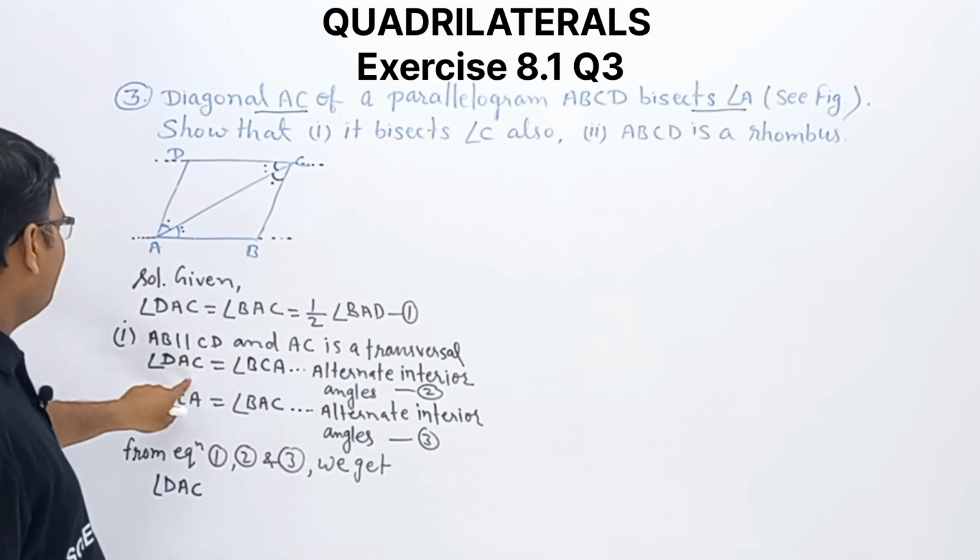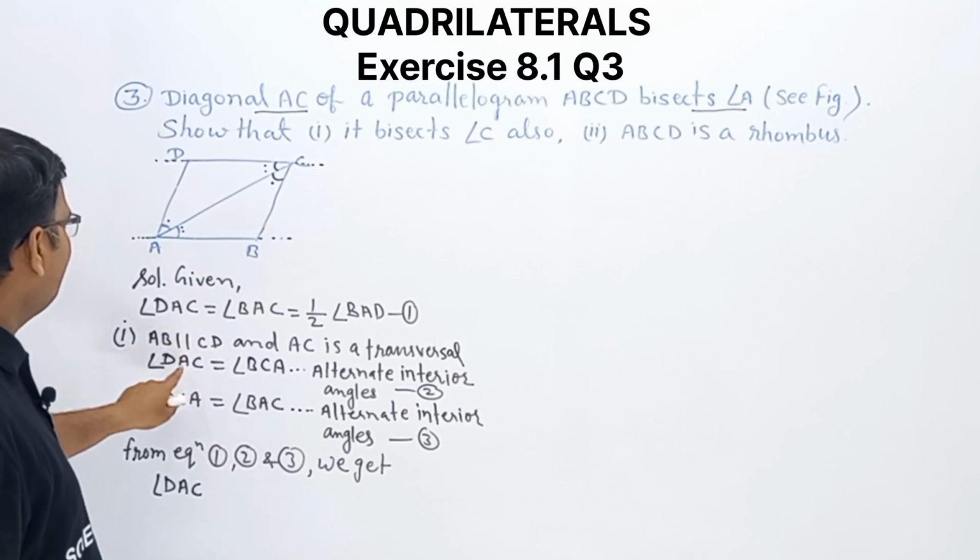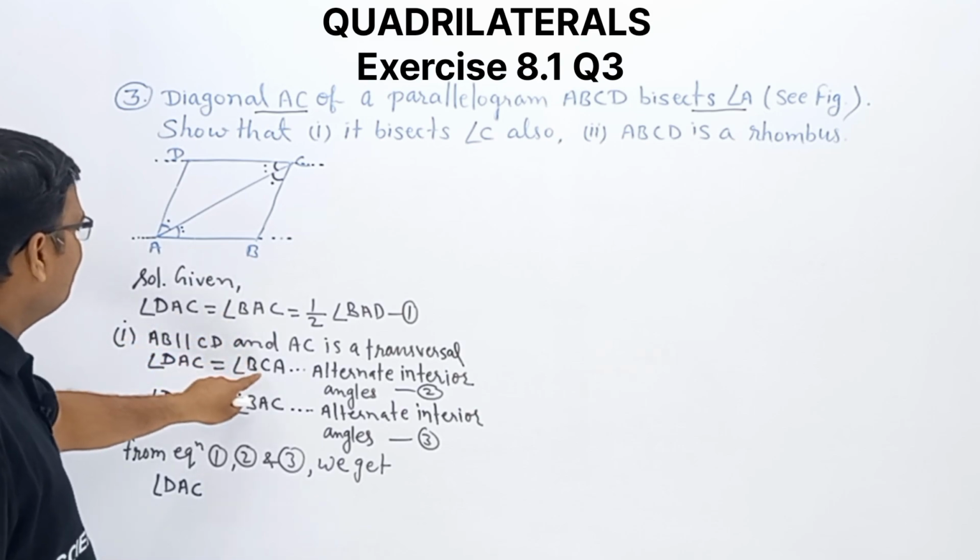Once we compare, we get DAC equal to BAC, and DAC equal to BCA.